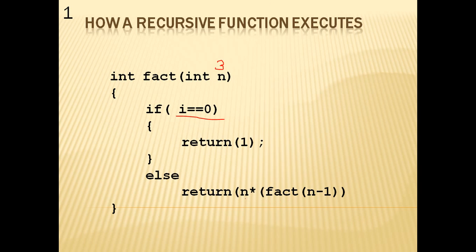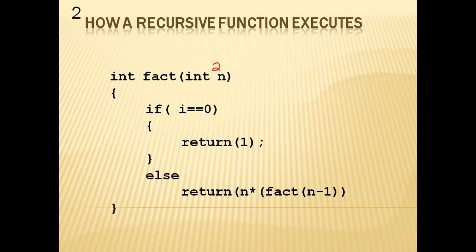So n is your 3, and fact again it will be called, fact(n minus 1). Argument will be different, but next coding, n will be 2.